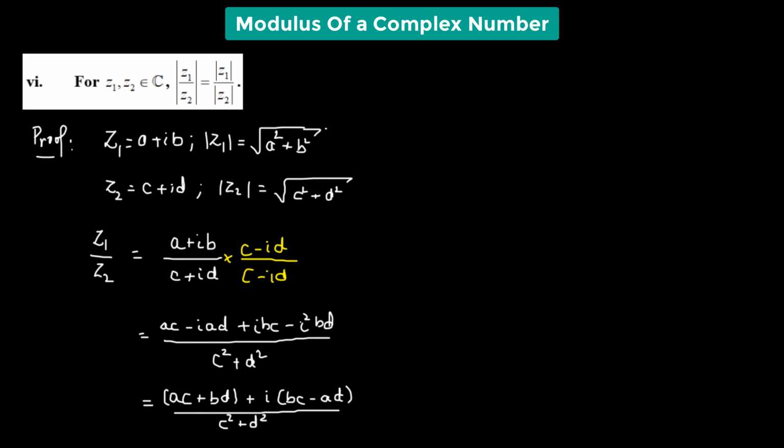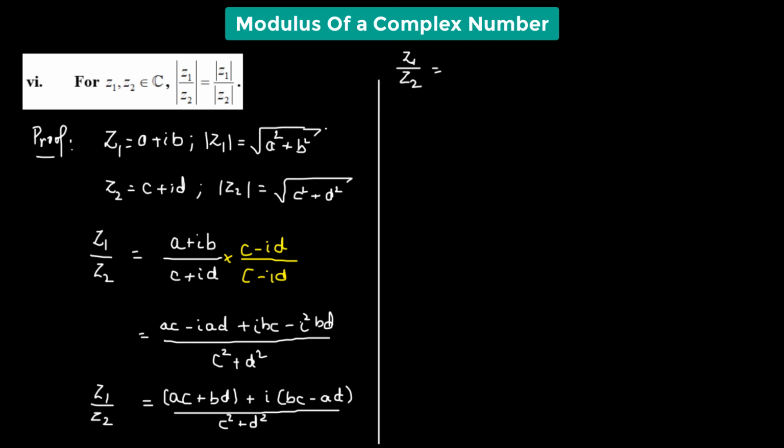So this is the value of z1 divided by z2 in its standard form. Now, I didn't separate it here, so let me do it in the next line. This gives us z1 over z2 equals (ac plus bd) plus... Or we can do one more thing.